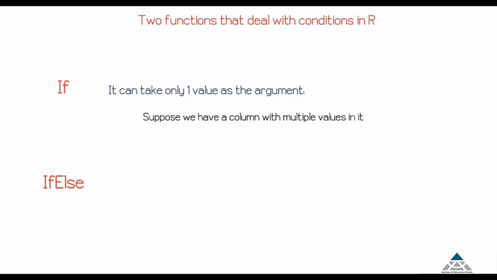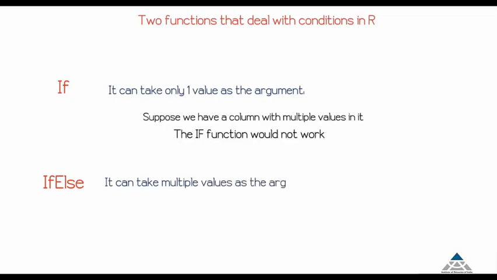So if we want to conduct a conditional analysis on it, then the if function would not work since it can take only one value in the argument. To make it work, we will have to use some operators. The if-else function, on the other hand, can take multiple values as the argument. Thus, it can take the whole range of values in a variable as an argument.